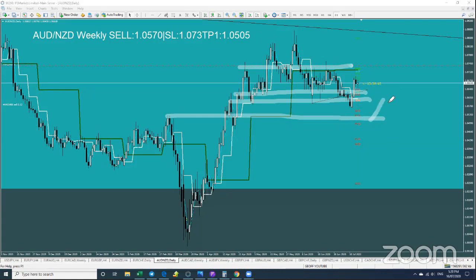We can then scale in. So we've taken some risk off the table here. We've banked some money. Then we can go back and add some more risk, but no more than your risk in the first place. You just keep building. So 0.25% here, 0.25% there. And by the time you get down to the bottom, you've probably got 1% on the table, which is where you want to be.